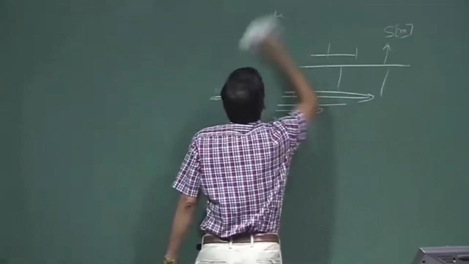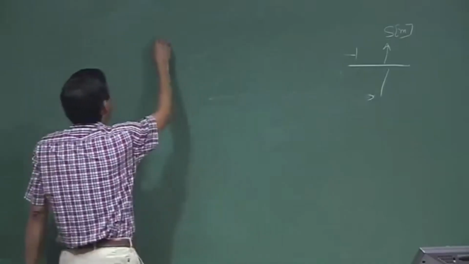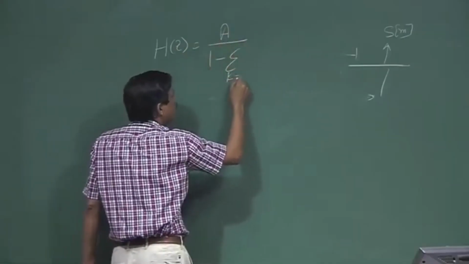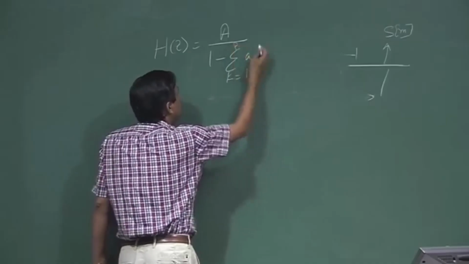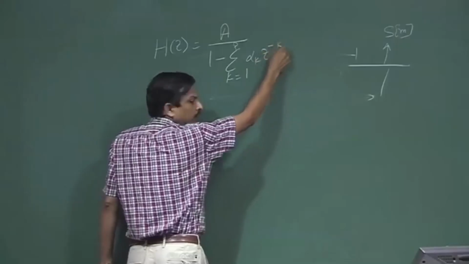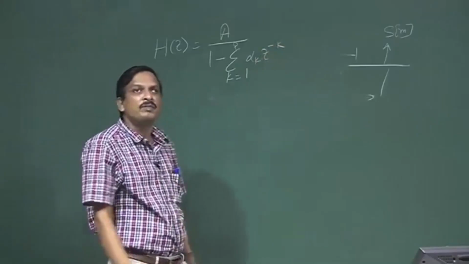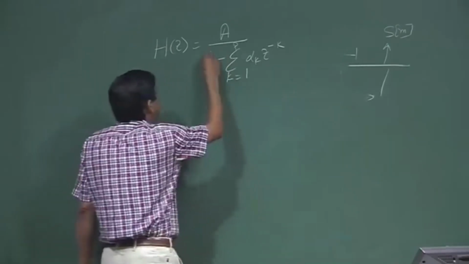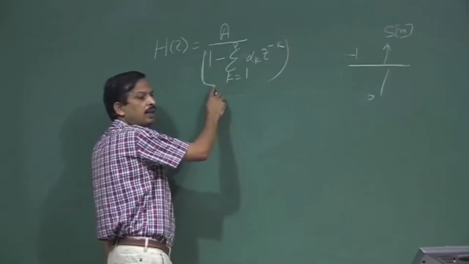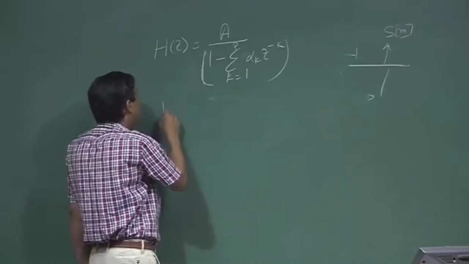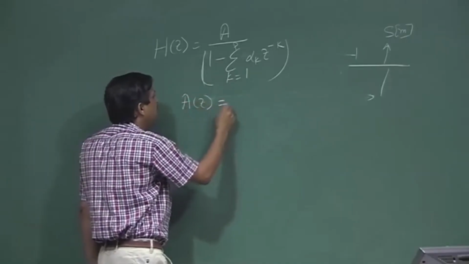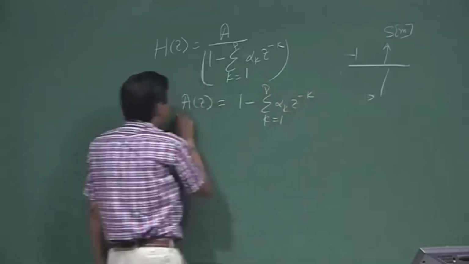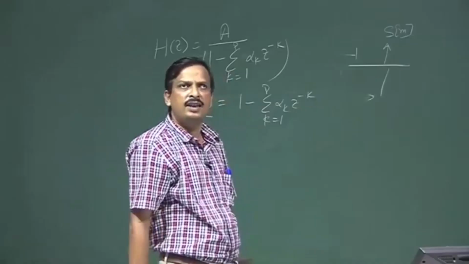If the system is linearly predictable, then the transfer function H of z of the system is gain over 1 minus the sum from k equal to 1 to p of a k, or alpha k, z to the power minus k. This one is the error filter. Let this be A z. A z is 1 minus the sum from k equal to 1 to p of alpha k z to the power minus k. A z is called the error filter.